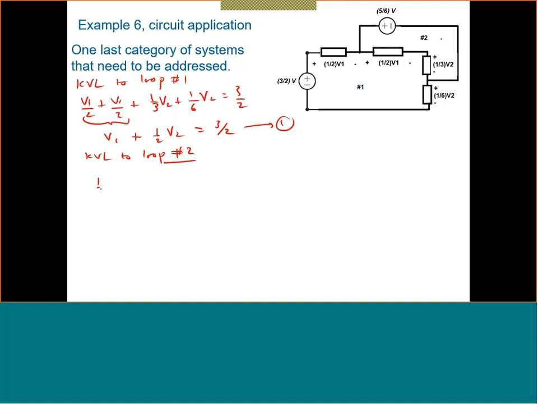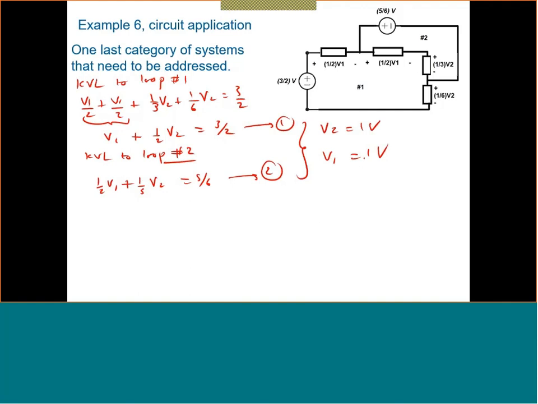This is the second equation. 2 equations, 2 unknowns. As I said, most of the time you cannot, but in some specific cases you can rely only on KVL, but in most of the cases you cannot. Now if you solve this, you will find that V2 equals 1 volt and V1 is equal to 1 volt as well. Nothing wrong here, everything is good.